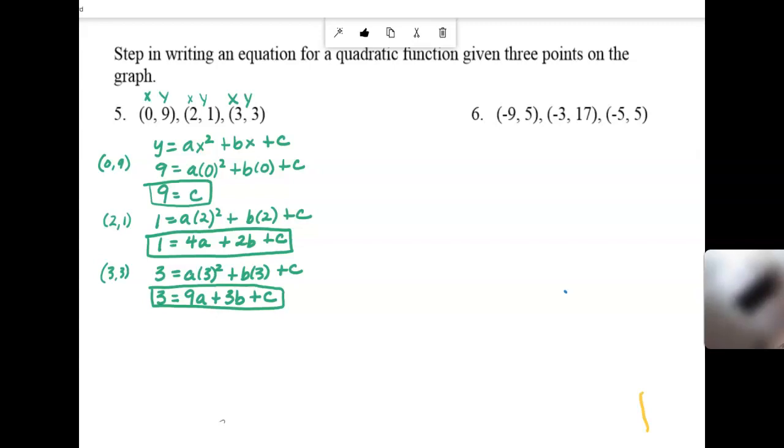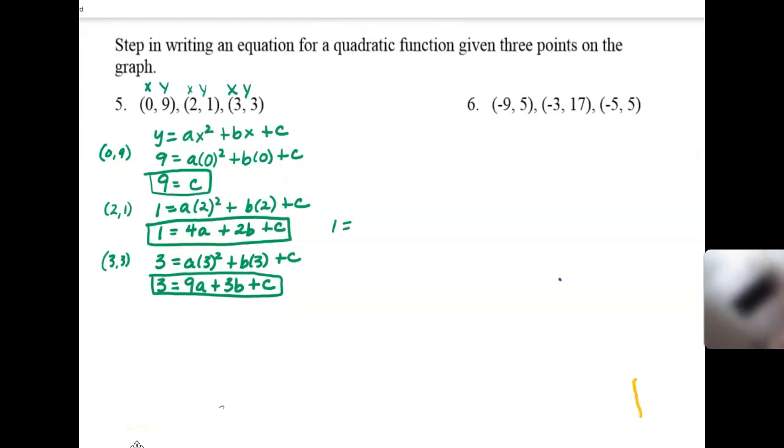So I'm going to come over here to the side and do that. 1 equals 4a plus 2b plus c, which is 9. That's going to simplify down because I'm going to move my 9 over to both sides. So negative 8 equals 4a plus 2b.